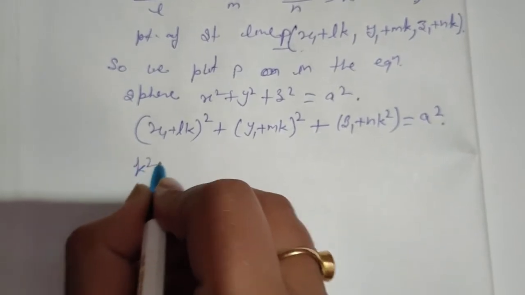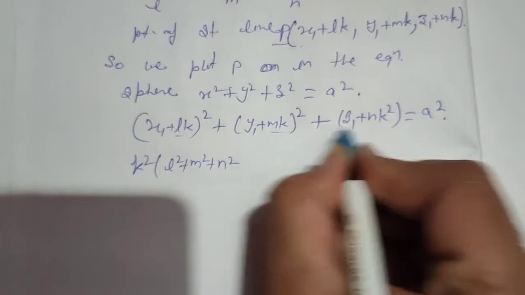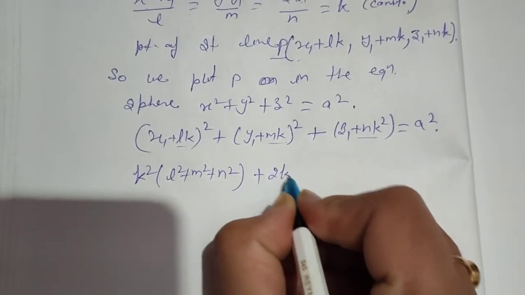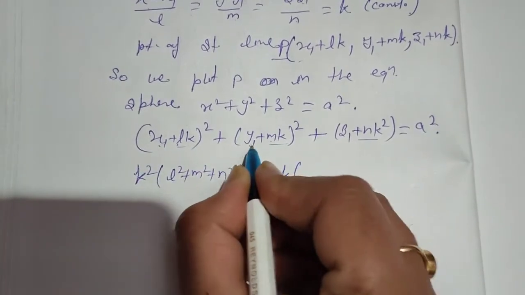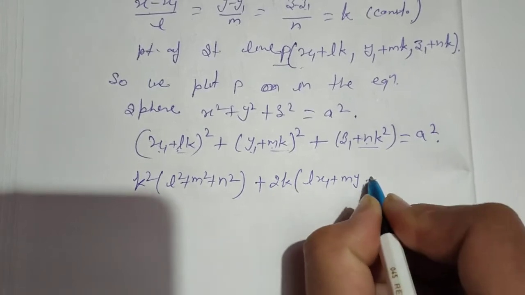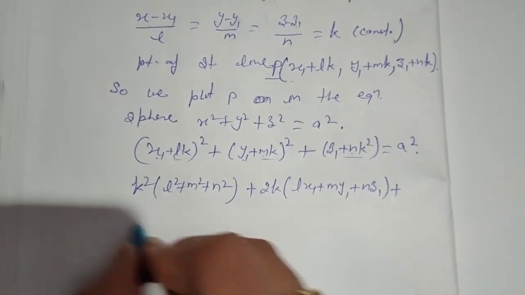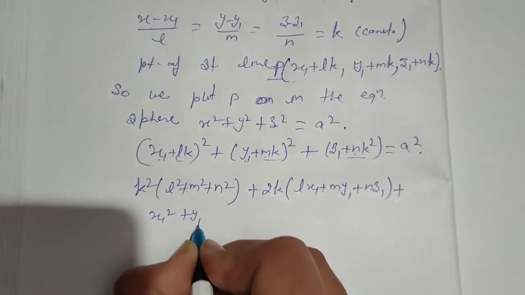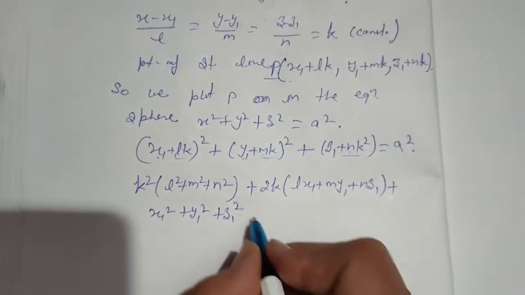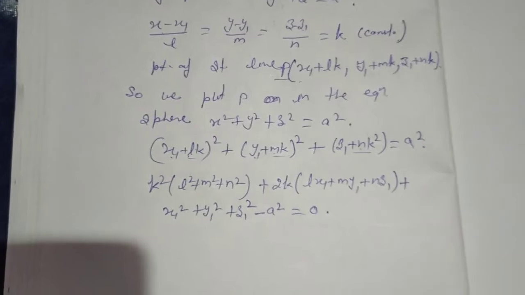Terms of k square: (l square plus m square plus n square) k square, plus 2k (l x1 plus m y1 plus n z1), plus x1 square plus y1 square plus z1 square minus a square.